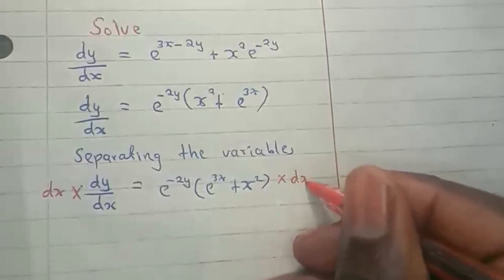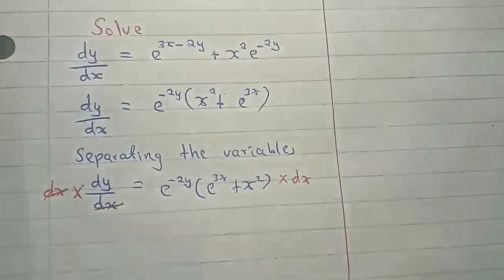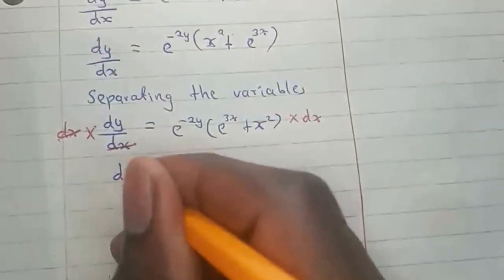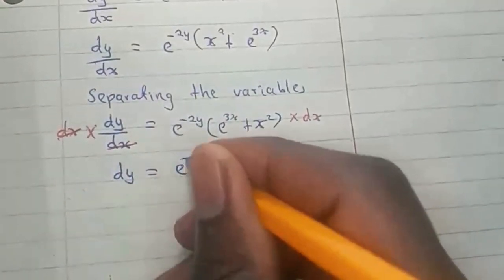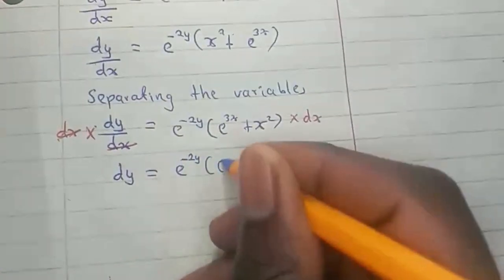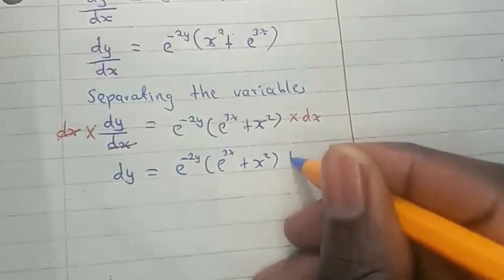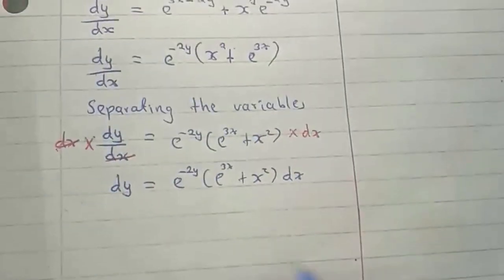this side also by dx, so that dx and dx cancel. Now we have dy = e^(-2y) (e^(3x) + x²) dx.